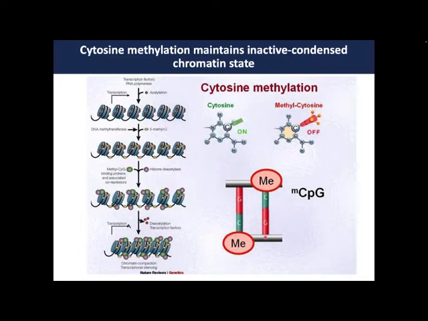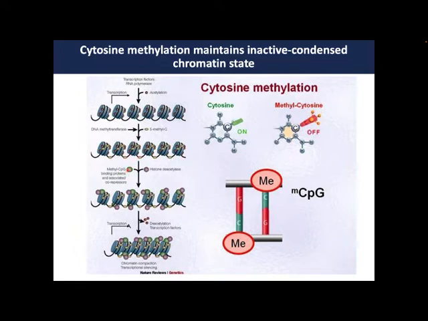So in one strand, the 5' base is cytosine and the 3' base is guanine. Then we call this CpG, C phosphate G, and DNA methyltransferase recognizes this CpG sequence and methylates both cytosines in the two different strands. Once the cytosine is methylated, it alters the status of the chromatin.